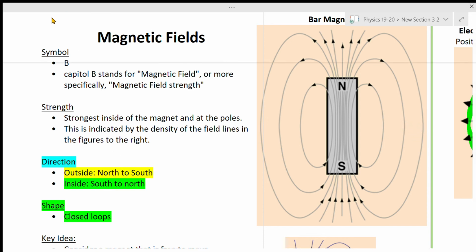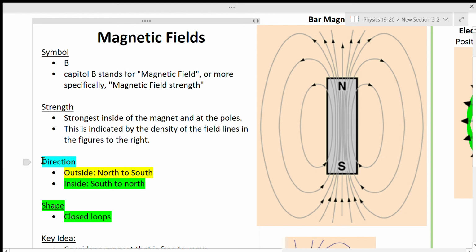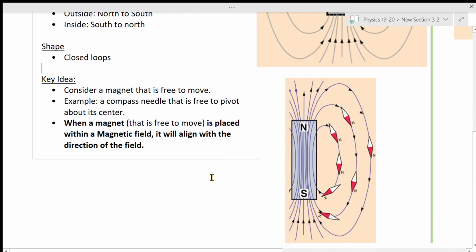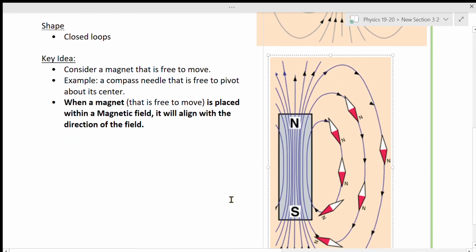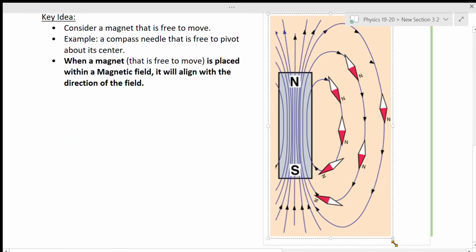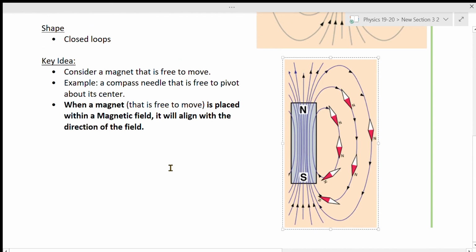All right, there's one more really important idea with magnets and magnetic fields, and it has to do with what happens when you put a magnet near another magnet. If you watched our videos from yesterday, you learned that a compass is just another magnet. So consider a magnet that is free to move, like a compass.